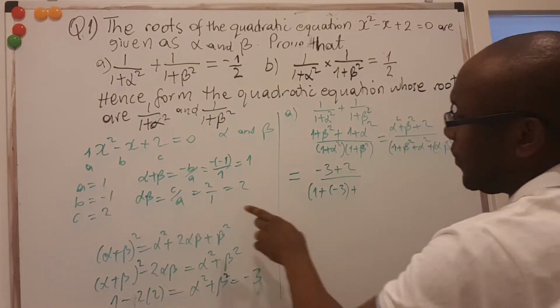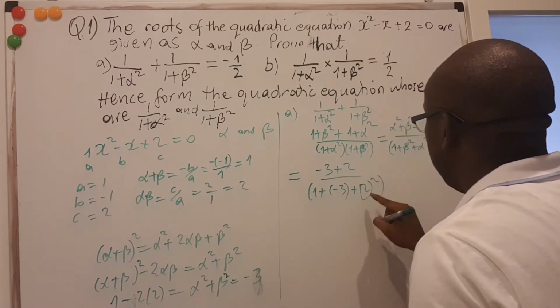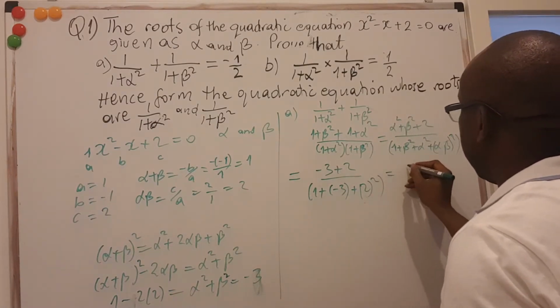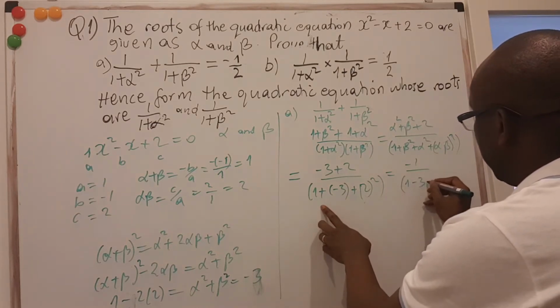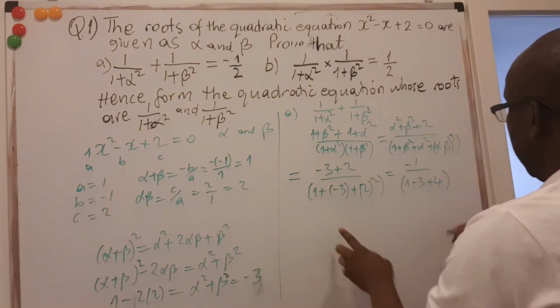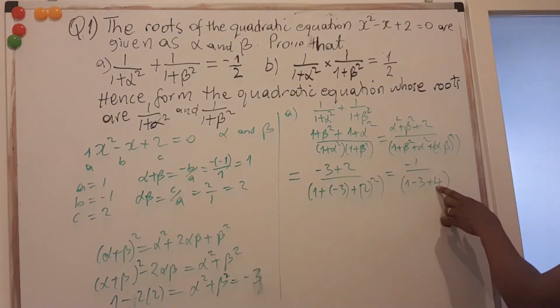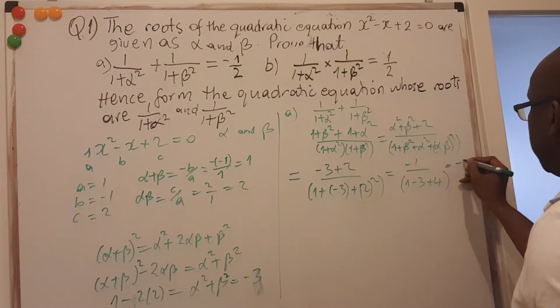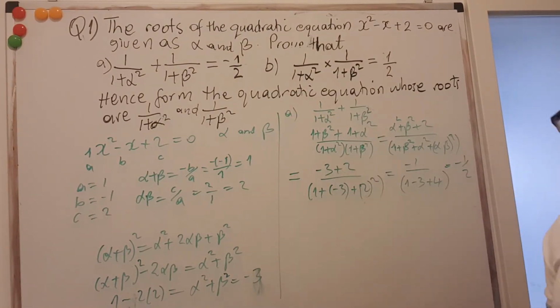And alpha beta is 2. If I square that, I get 4. So this is 2 squared. If I arrange this, I get minus 1 on top. I come below, I get 1 minus 3 plus 4. So 1 minus 3 is minus 2. Minus 2 plus 4 is 2. And that is minus half, according to what was required. So that's the proof of that.